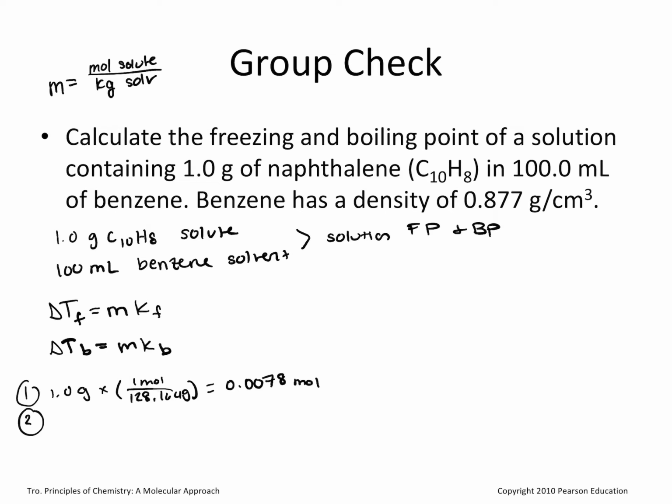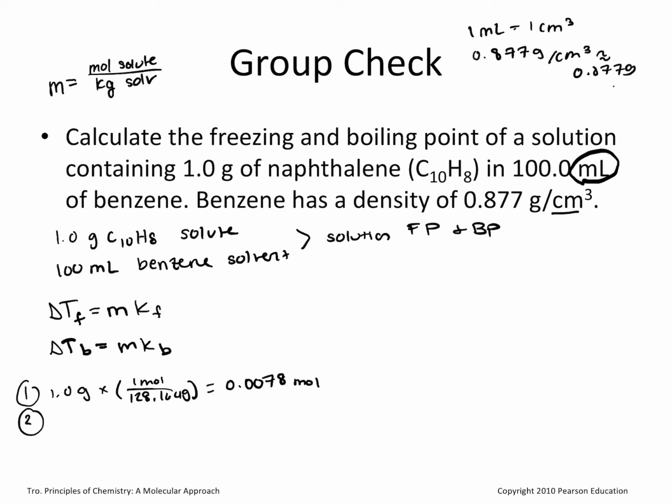That gives me 0.0078 moles. Now I want my kilograms of solvent. I have volume, and I'm given the density of benzene. If I have volume and density, I can find mass. But I have milliliters here and centimeters cubed there.